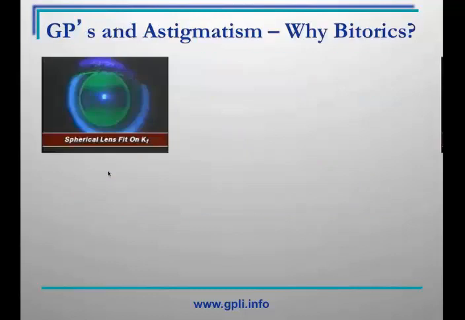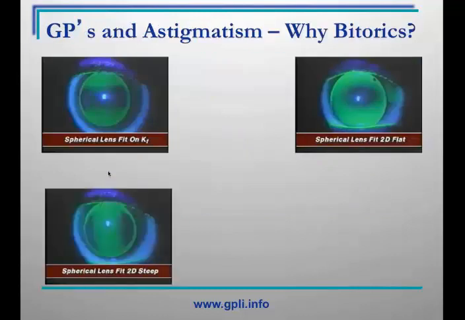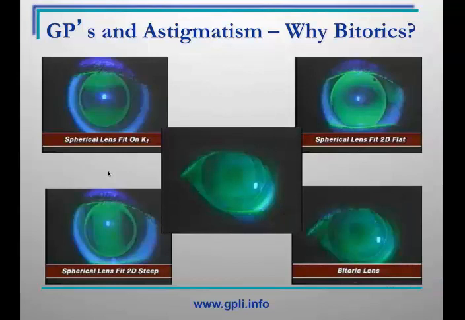This just shows some fitting relationships, good and bad. If in fact you fit a spherical lens on a high astigmat, you can see on the upper left that you have horizontal bearing and excessive clearance vertically, which usually results in a decentered lens and certainly results in awareness. Down here again, excessive clearance, and what we are concerned about is those areas of bearing or applanation against the cornea.